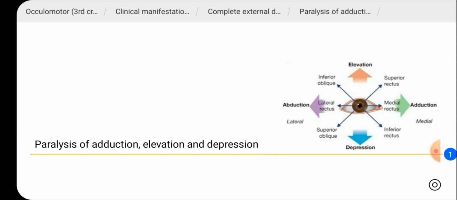And the medial rectus causes adduction, and the inferior rectus helps in depression. Due to paralysis of the medial rectus and inferior rectus, the adduction and depression are impaired.